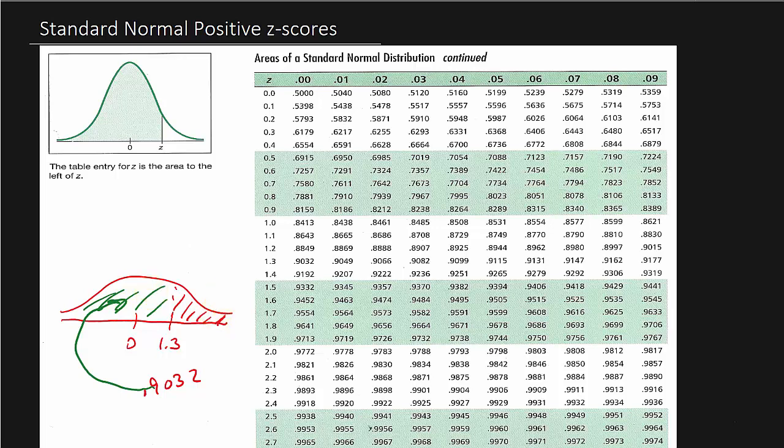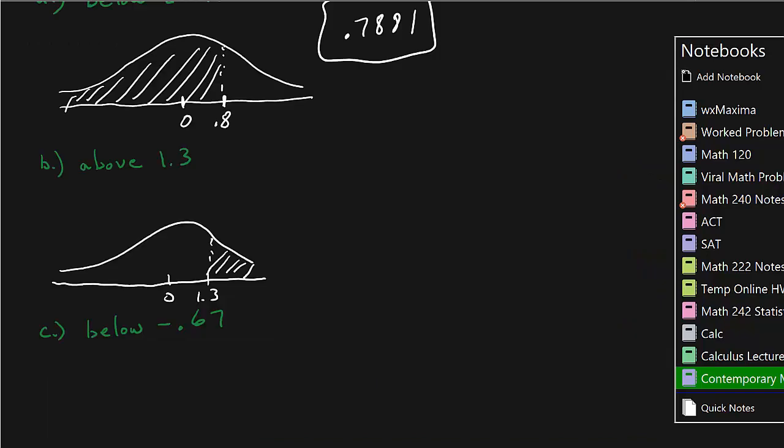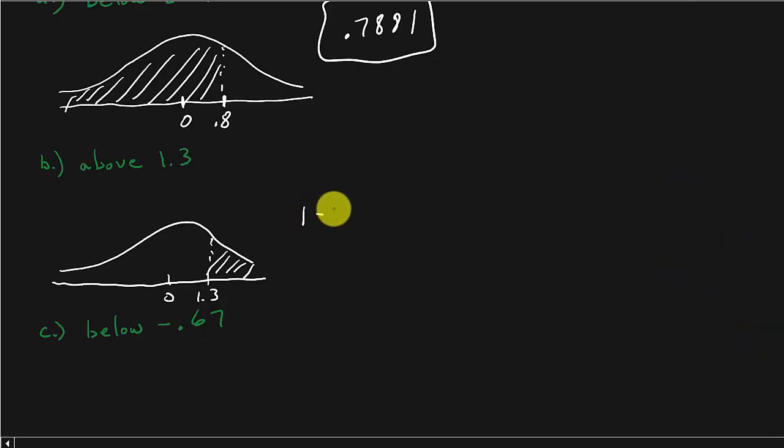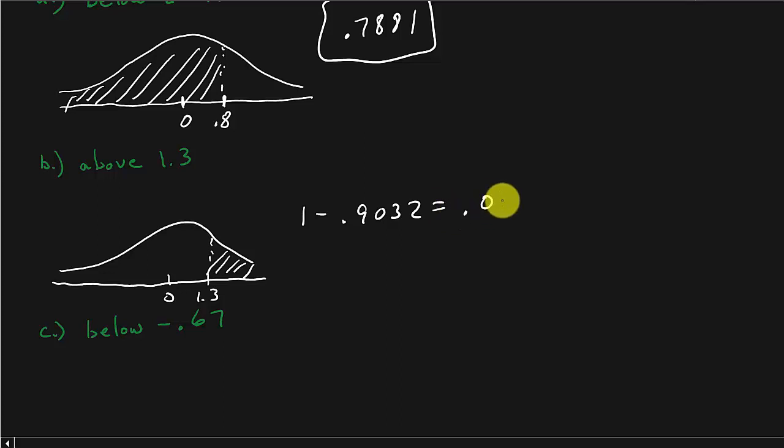So to find this area to the right, that would be 1 minus 0.9032. That is 0.0968. And this would be your answer.